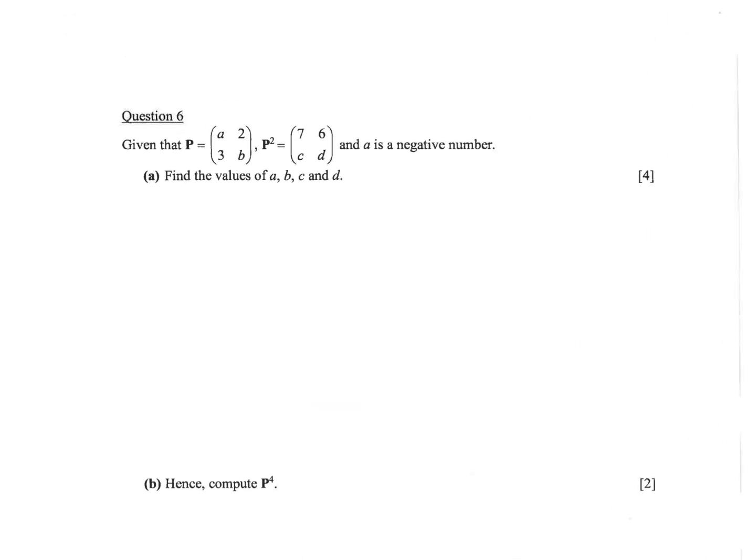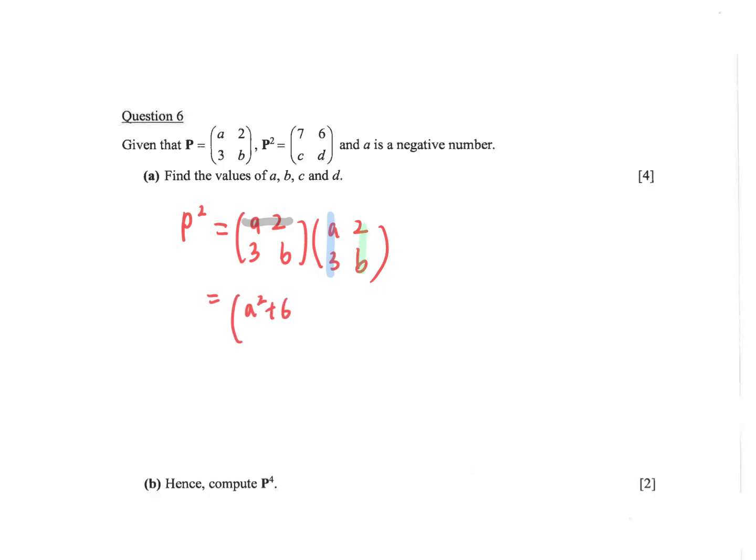Okay, next one. When they say P squared, you don't square all the entries. You multiply them normally. So horizontal times the vertical one, you will end up having a squared plus 6.